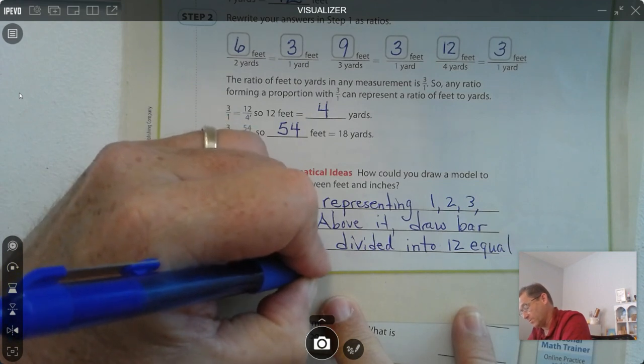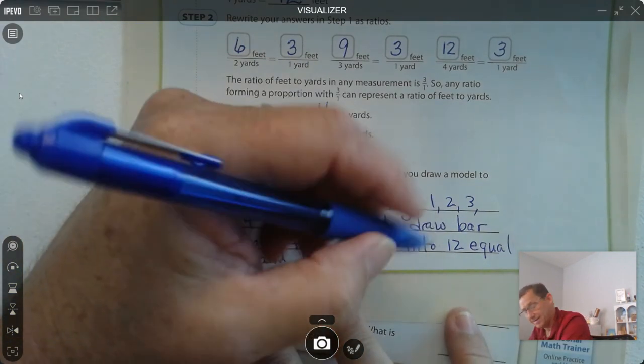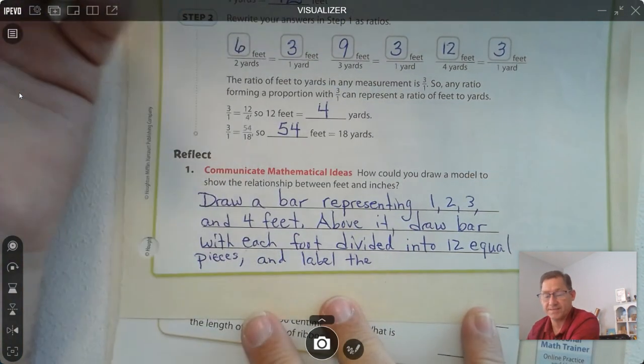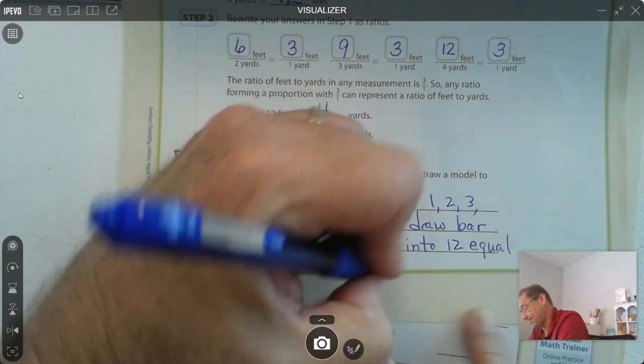And we're going to label each of the inches as 12, 24, 36, and 48.